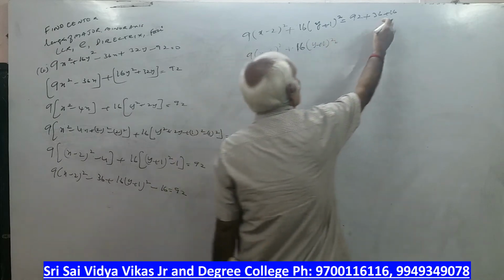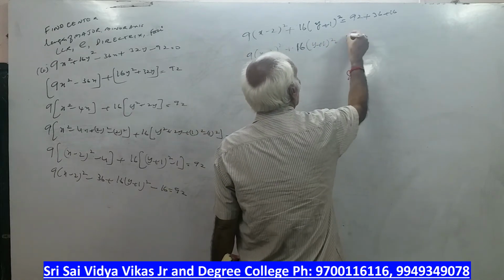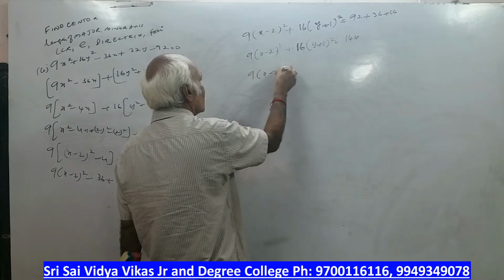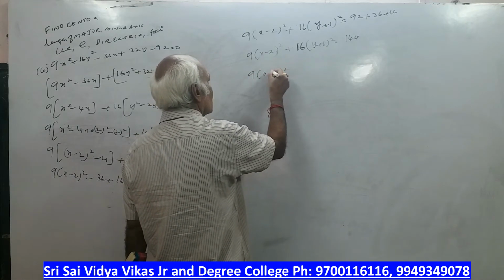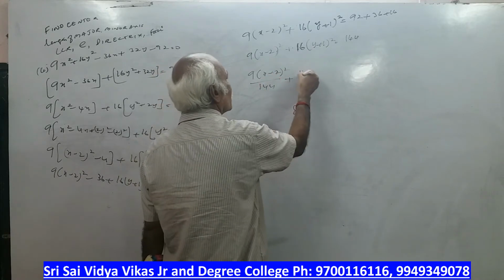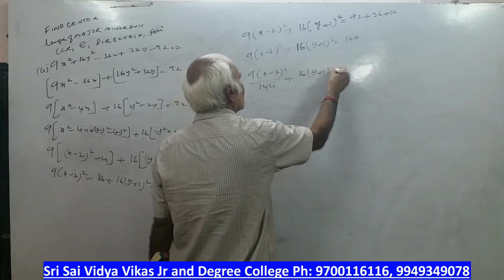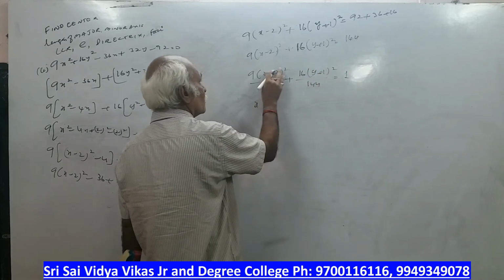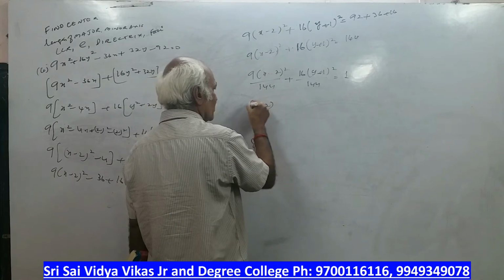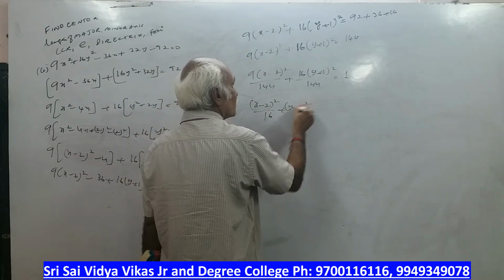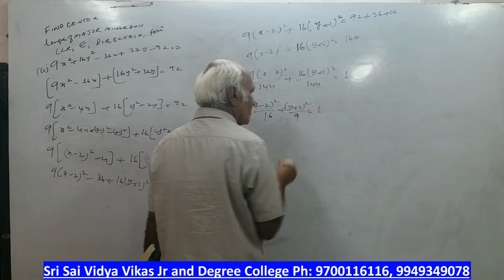This is equal to 144. Right? Divide by 144 throughout. So this becomes (x minus 2) whole square by 16 plus (y plus 1) whole square by 9 is equal to 1.